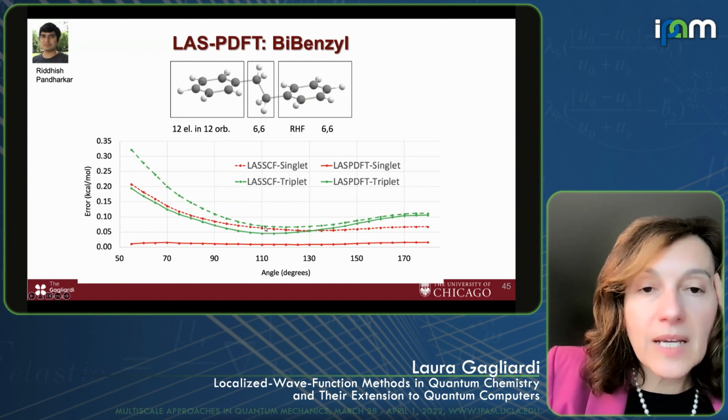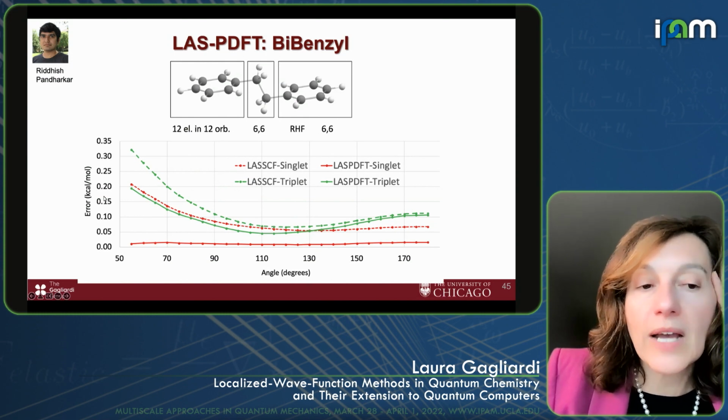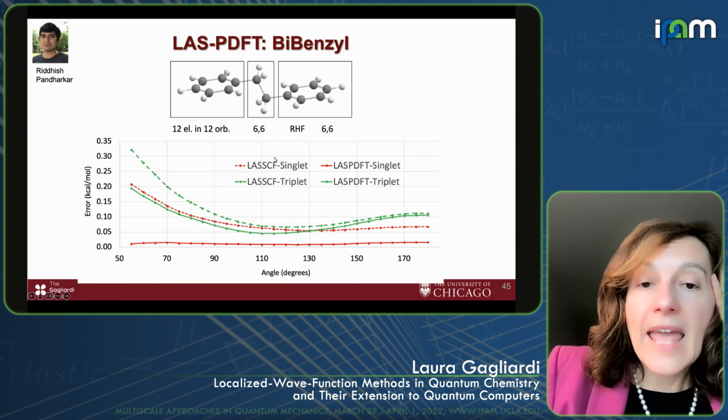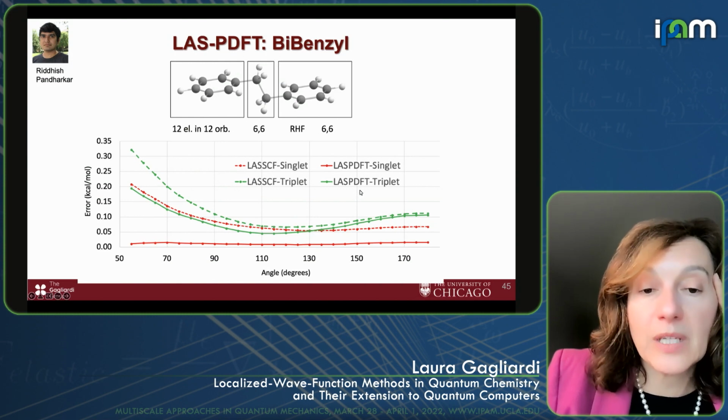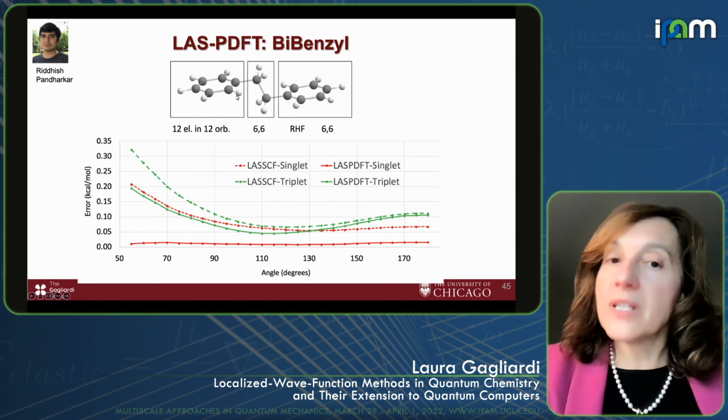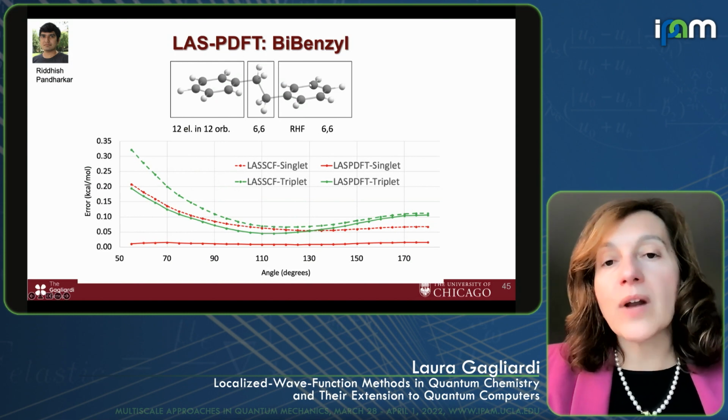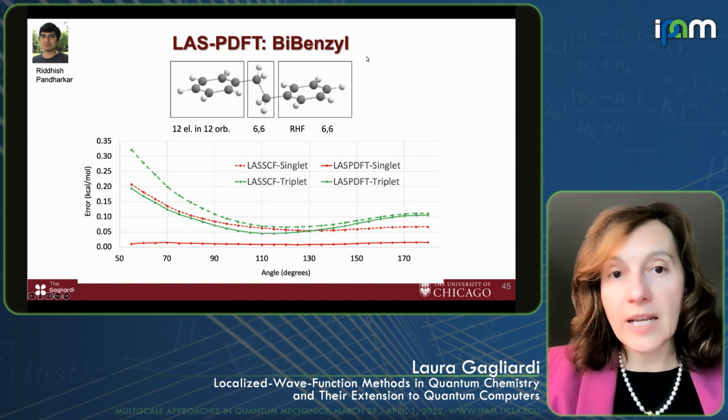And here you see, LASSCF is a good approximation to CAS. This is the error with respect to the corresponding CAS. And LASSCF-PDFT is a good approximation to the full CAS-PDFT. But here things are reasonably simple because, again, the two fragments are not strongly correlated.